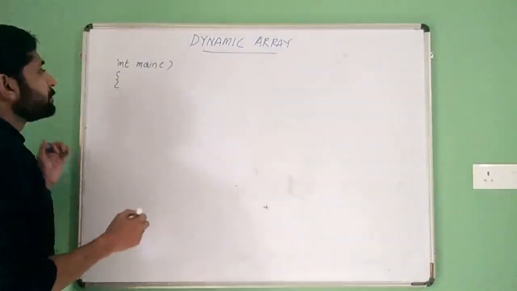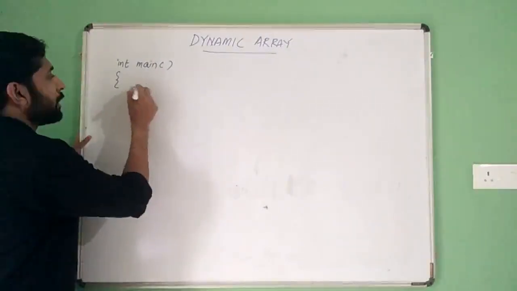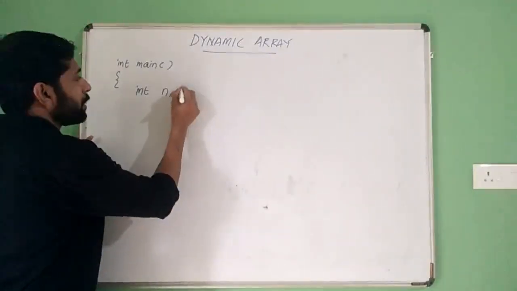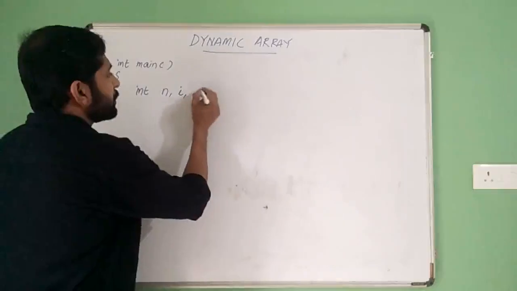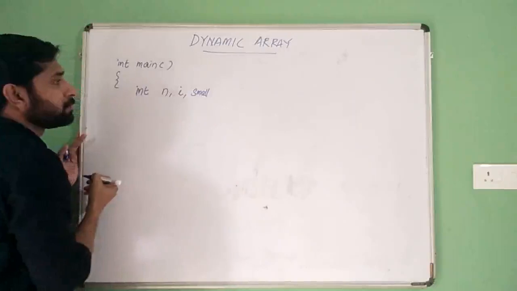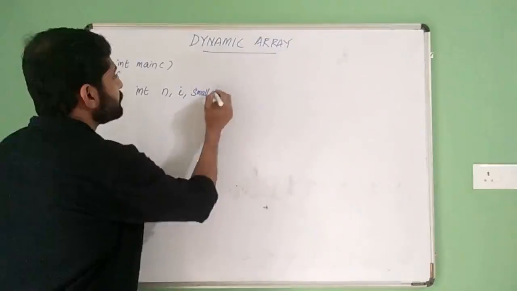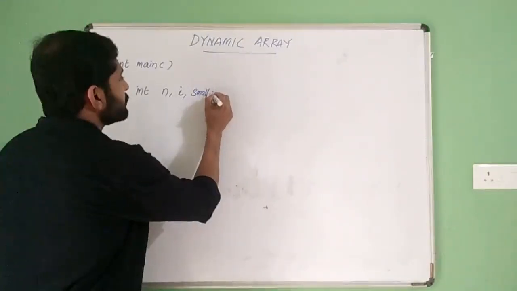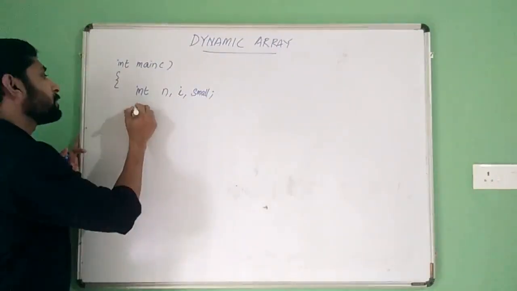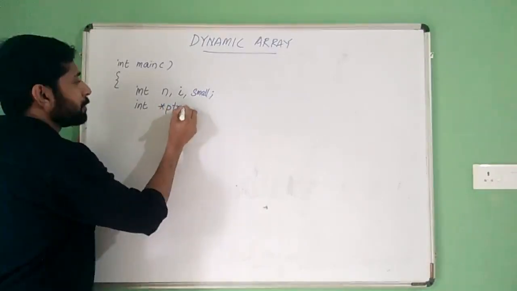So we are going to declare some variables: int n, i, then small. So the program is to find out the smallest element, small, and then we need an integer pointer, int *ptr.